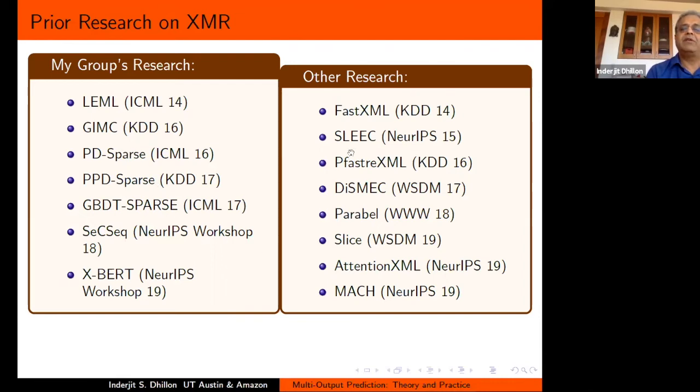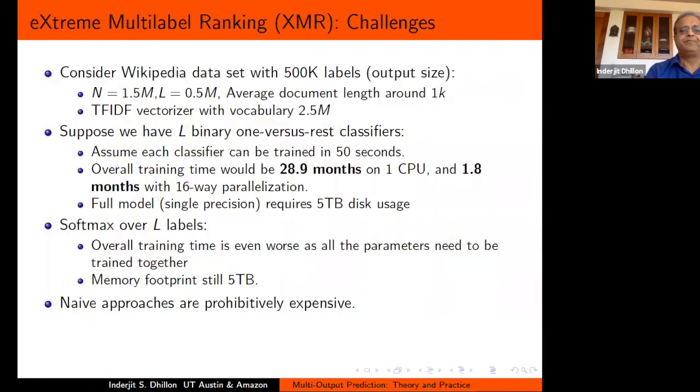And then this area has been an active area of research for the past, I want to say, a decade or so. So let's do a little thought experiment to just see the challenge of solving these prediction problems. I've carried this Wikipedia dataset example through the talk. So let's consider this Wikipedia dataset with 500,000 labels.